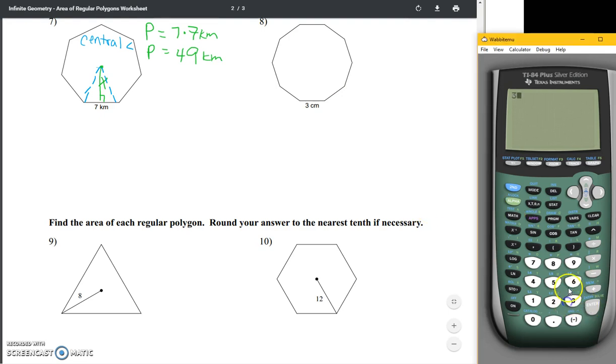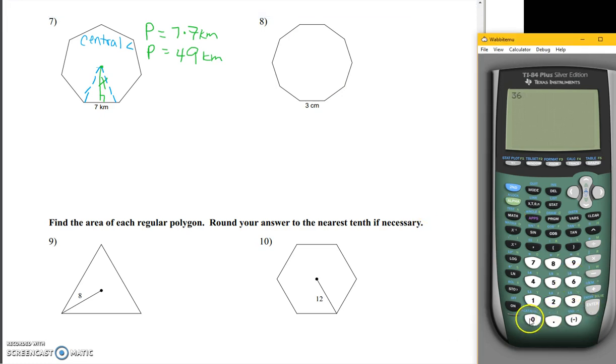So I have 360 degrees, because if I go all the way around, that would be a circle. And I have 7 sides, or 7 angles, and that gives me 51.43, roughly. So my blue angle is roughly 51.43.